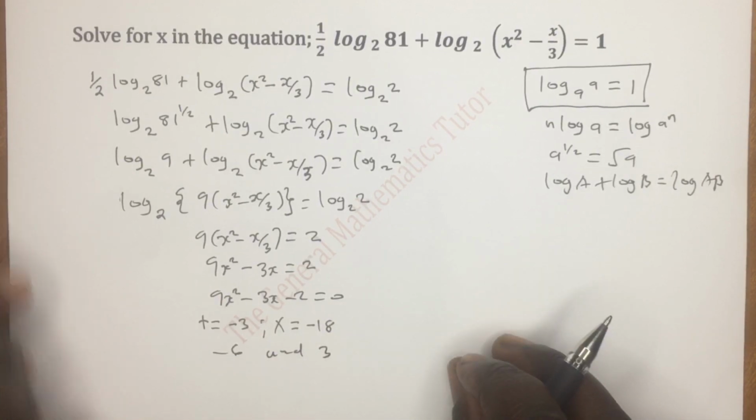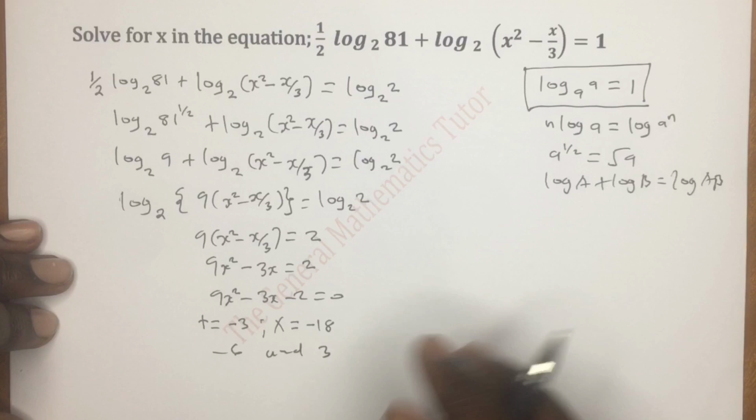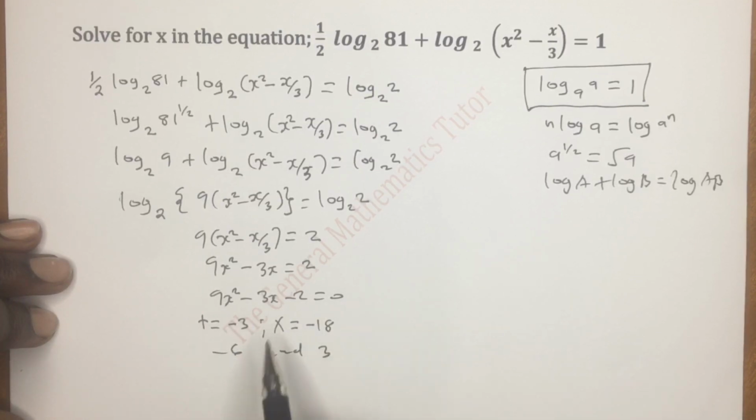So now we can solve for x. We just rewrite this equation, but this time we break negative 3 into negative 6 and 3. So we have 9x squared minus 6x plus 3x minus 2 is equal to 0. We have a common factor here, that is 3x.